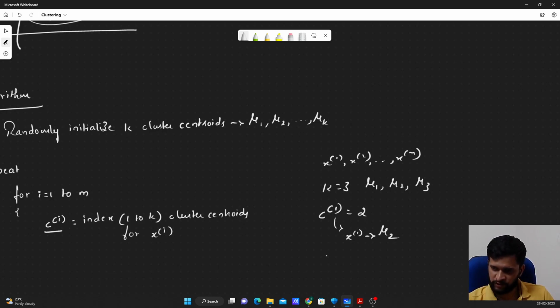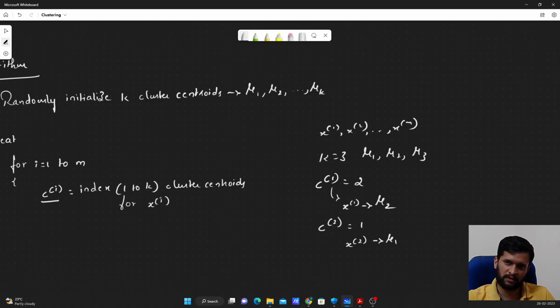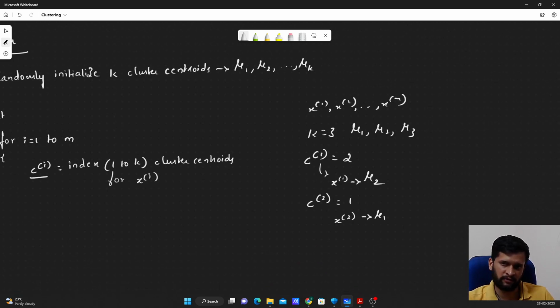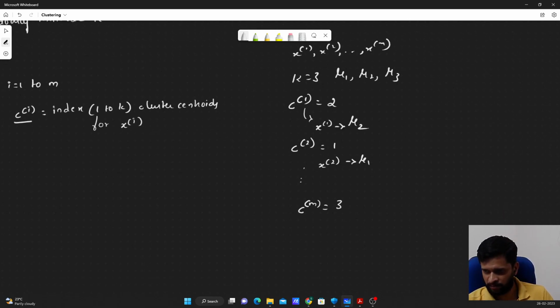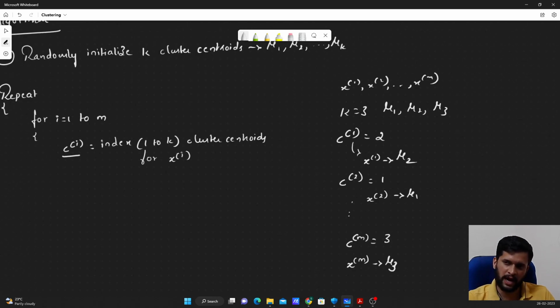If c2 is equal to 1, this means that the second data point is assigned to mu1. So mu's are our cluster centroids and xi's are our data points. Like this, if cm is equal to 3, it means that the mth training example is assigned to the third cluster centroid, that is mu3. So this is what ci represents.